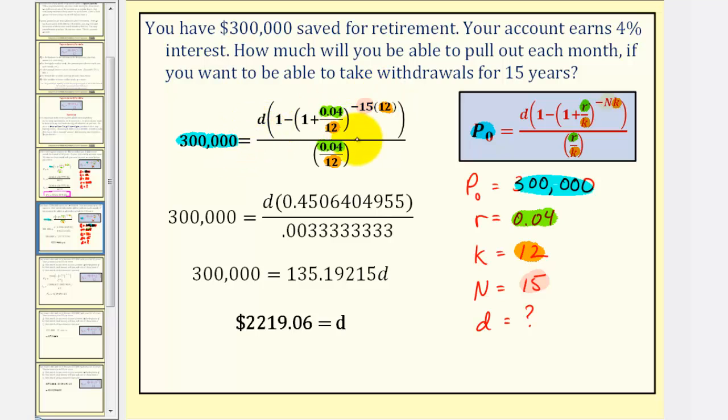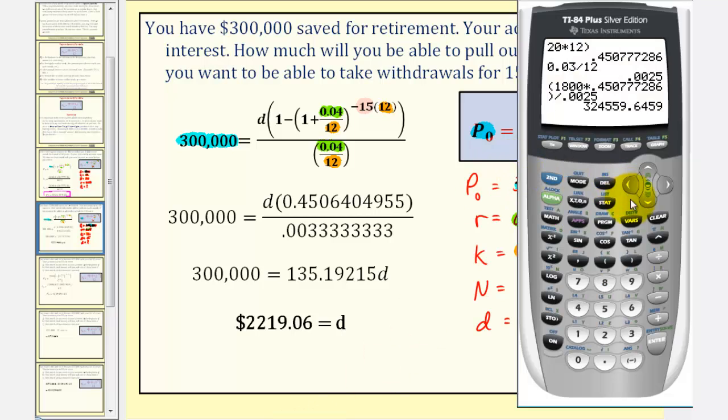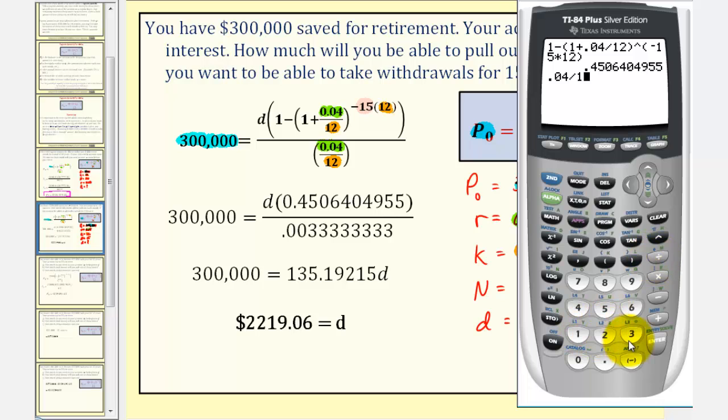Notice here we're solving for D, so we'll first evaluate the parentheses in the numerator and denominator, and then solve for D. So starting with the numerator, we'd have 1 minus the quantity 1 plus 0.04 divided by 12, close parenthesis, raised to the power of negative 15 times 12, which gives us this decimal here, and our denominator is going to be 0.04 divided by 12, which we see expressed as a decimal here.